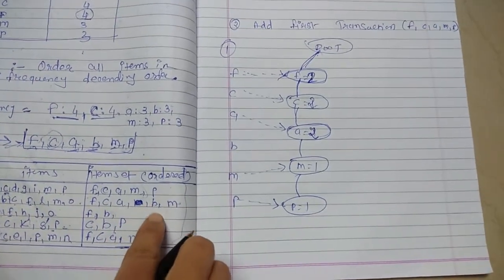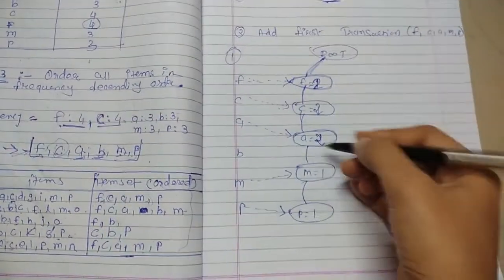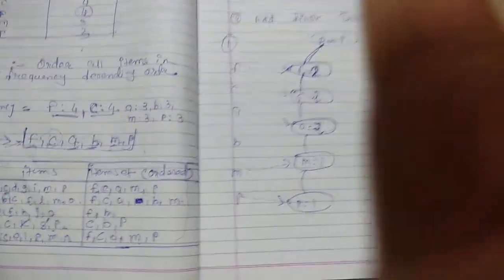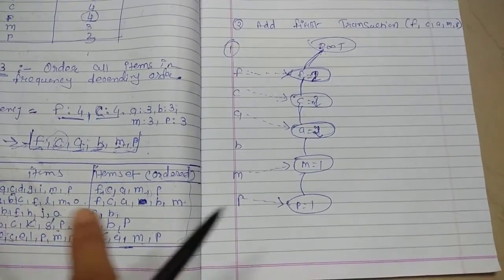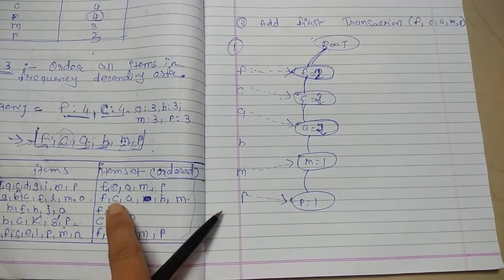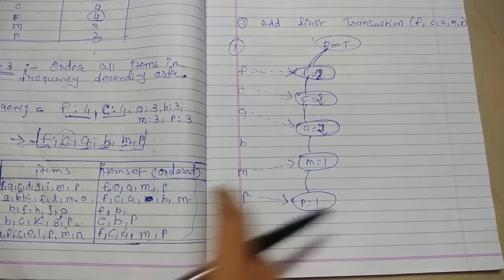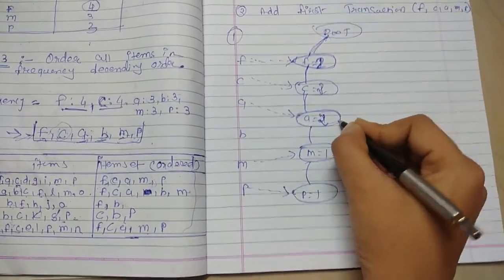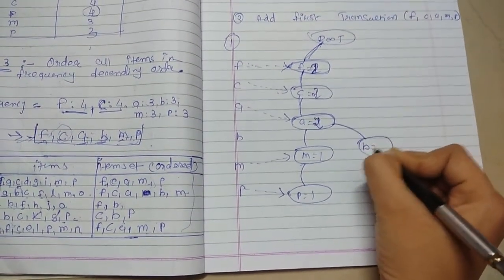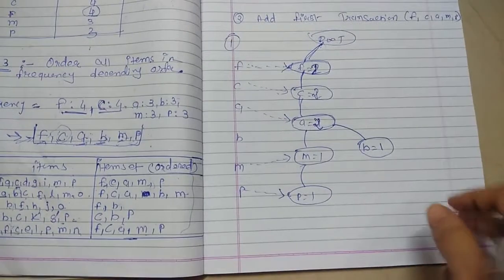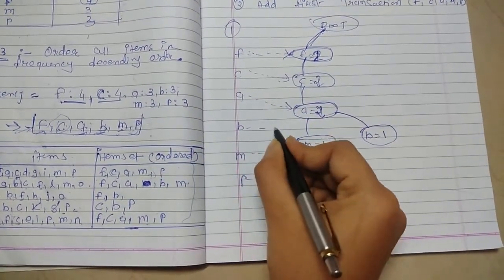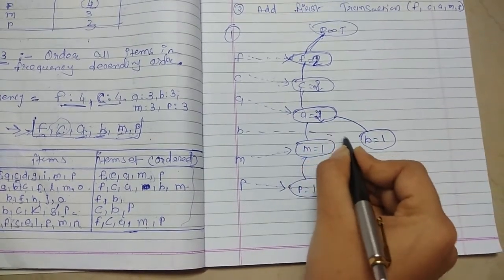Now the next item is B, but here B is not available, so we are creating the node B from A, because the chain is FCABM. So from A I am creating a new node B, and it is repeated 1 time, and I just connect it with the frequent item B.